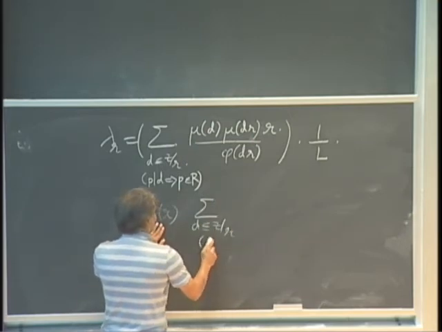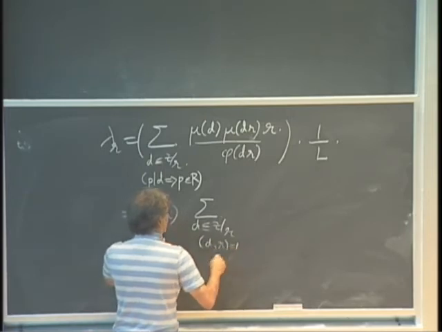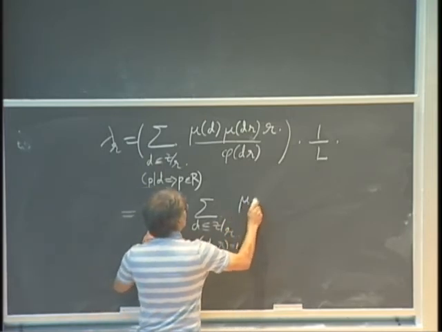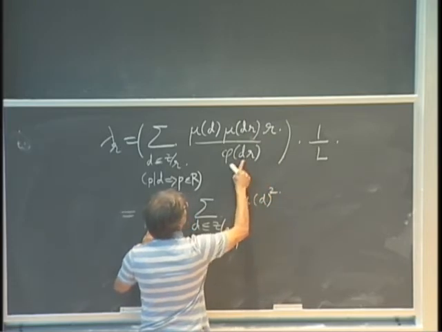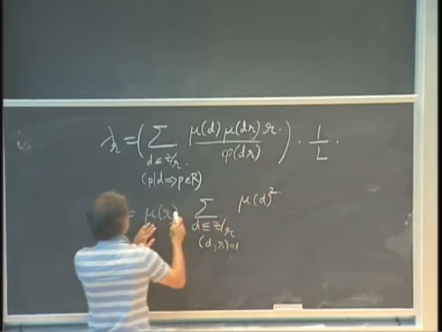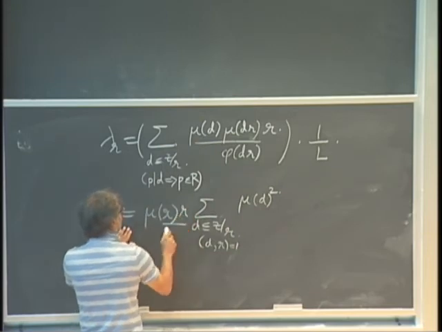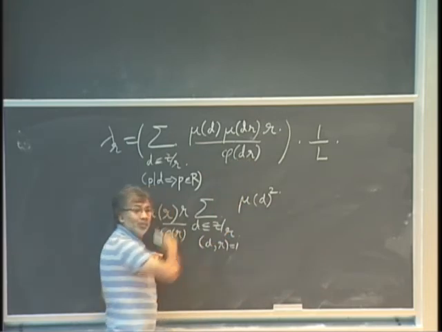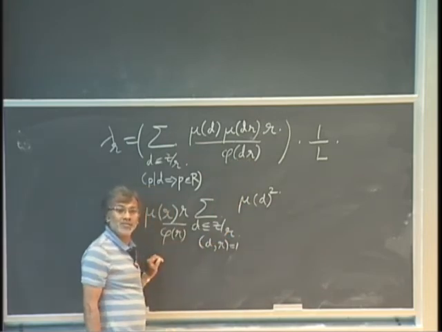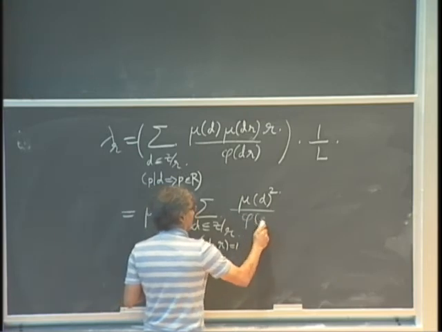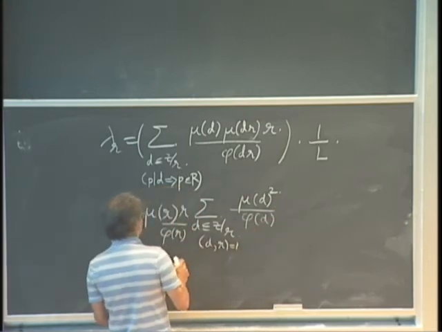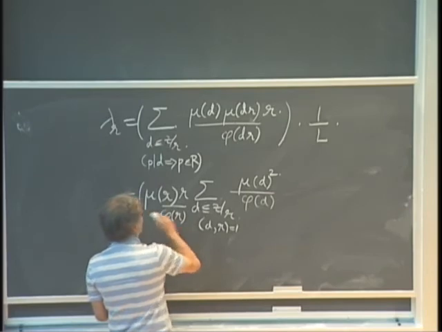I can assume that d is co-prime to r. And then something like mu of d squared. If d is co-prime to r, then this thing just factors out. There'll be an r over phi of r that comes out, right? Phi of dr will be the same as phi of d times phi of r, if d is co-prime to r, divided by phi of d. And then this thing is divided by L.